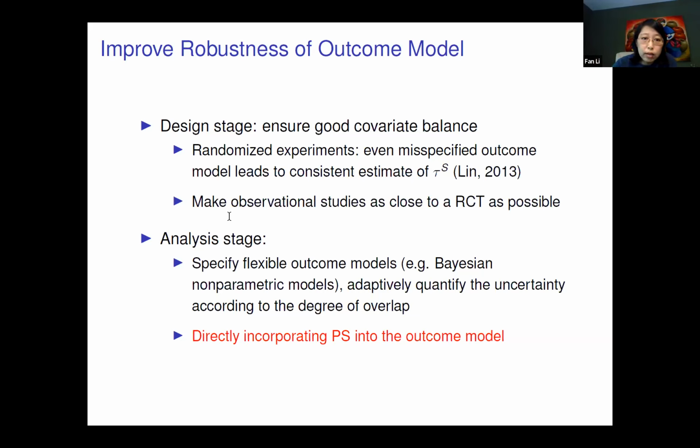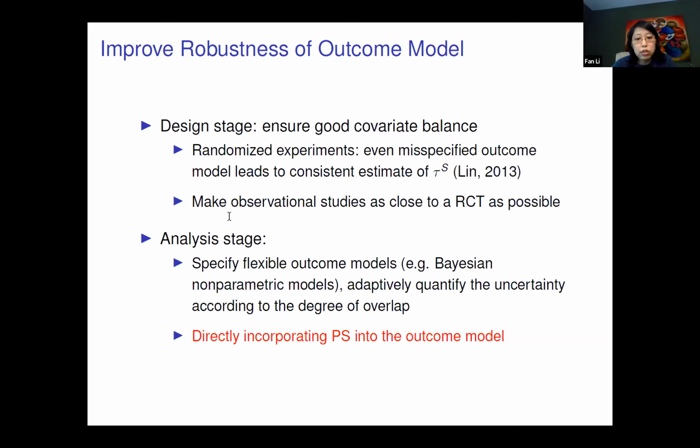But that's from the design stage. From the analysis stage, of course, you want your model to be more flexible, giving more choices rather than just a linear model. If your model is more flexible, it's more likely to avoid model misspecification, but still it's a tall order. And the model should adequately quantify the uncertainty according to the degree of overlap. So that's the first consideration.